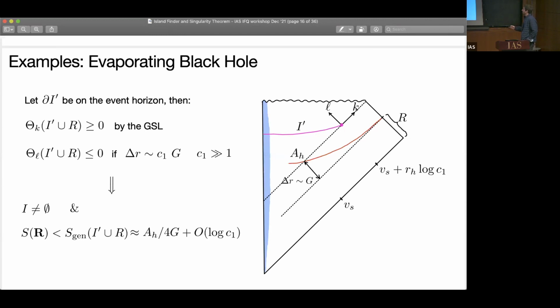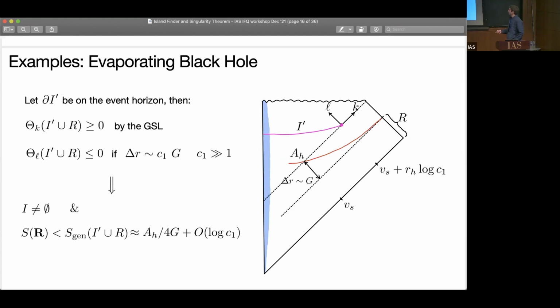So by picking some large number C1 to create a separation of scales, which amounts to pushing I prime a little bit to the future at this point, we can suppress that effect and again get, from the classical area shrinking in the L direction, that this condition is satisfied. So that tightens the bound a little bit.